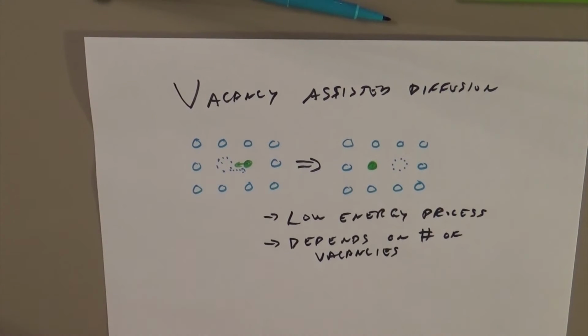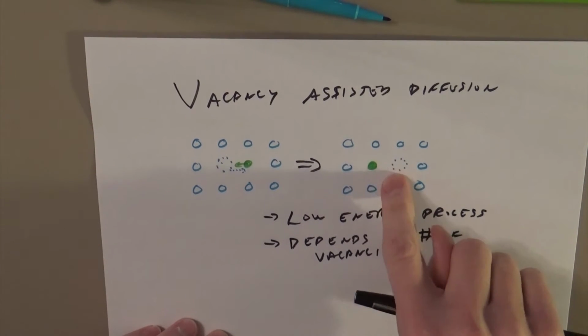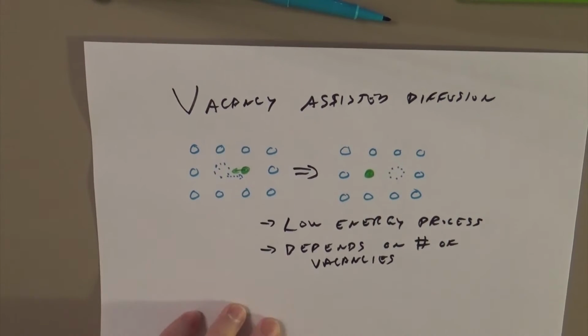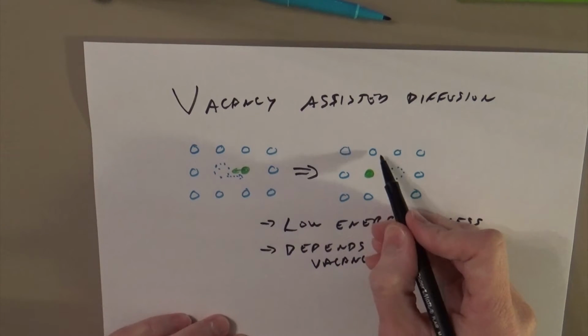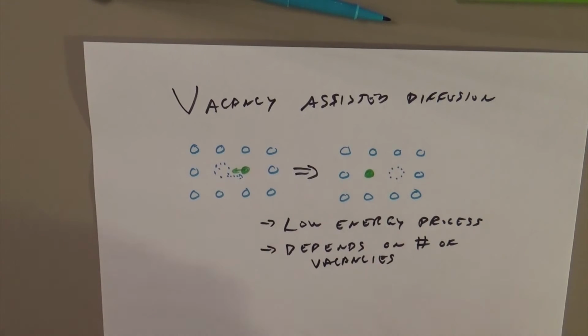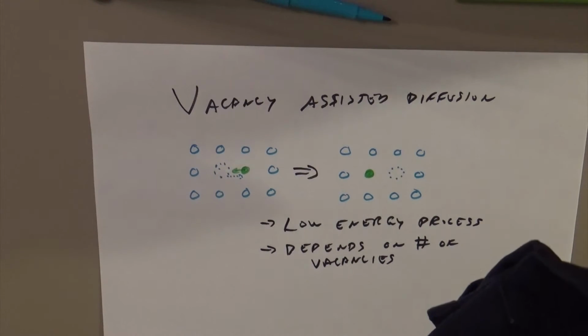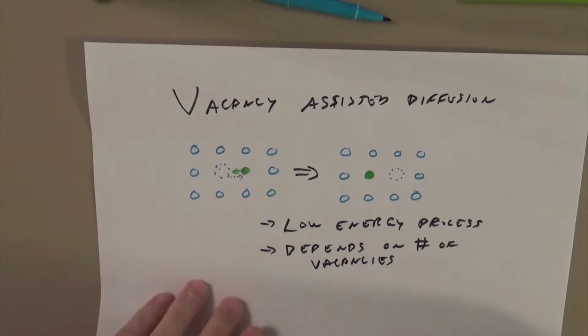But this is relatively common, especially in metals that have a close-packed structure where there's not a lot of space in between these atoms. However, sometimes you do have a lot of space between atoms, or you have a relatively large difference in atomic radii. And if you have that, you can have interstitial diffusion.